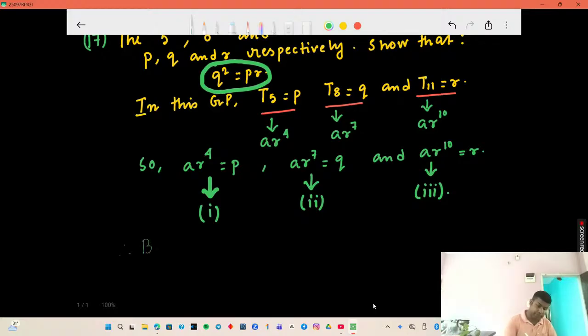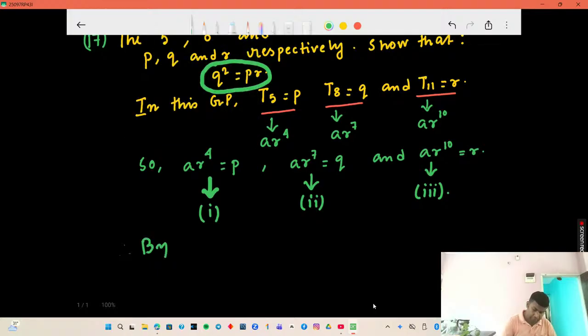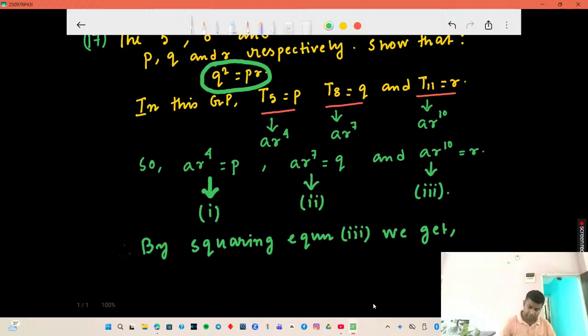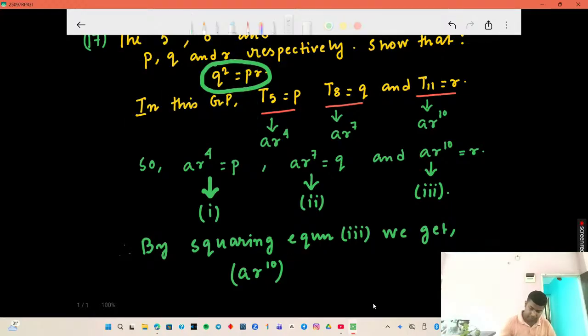So by squaring equation 3 we get, A r to the power 10 whole square is equal to r square.